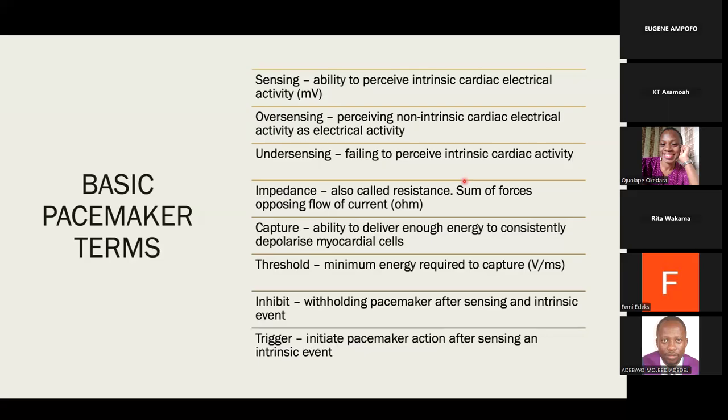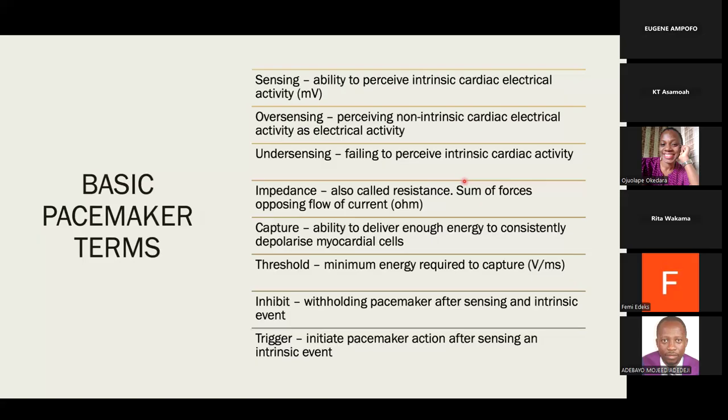If it causes some depolarization but cannot sustain it to result in myocardial and mechanical activity, then capture hasn't taken place. And the threshold is the minimum energy required to capture.